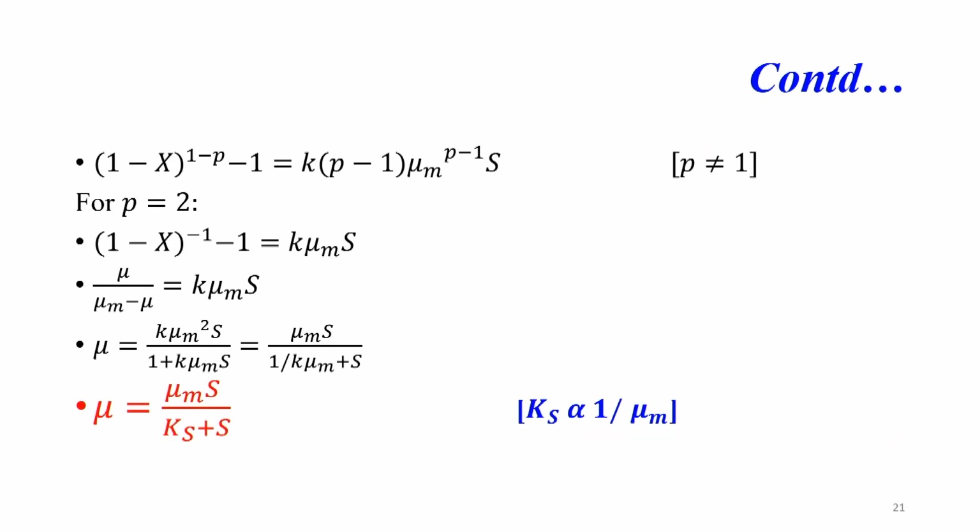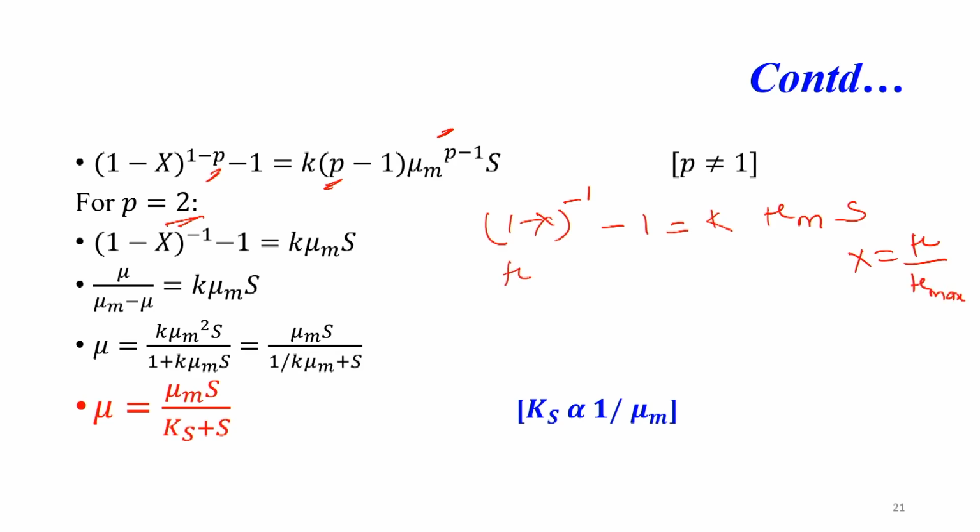Further, if I put the value of p as 2 here, we will have (1 minus x) to the power minus 1 minus 1 equals k mu max into s, and if I put x as mu upon mu max again, we will have mu upon (mu max minus mu) equals k mu max s.